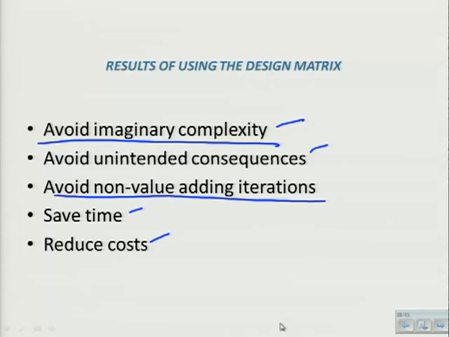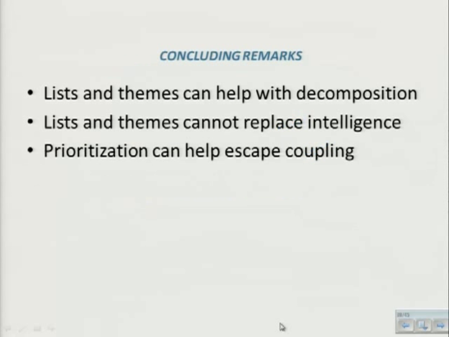And you can take a look at existing designs and do cost reduction by taking out the coupling and avoiding the imaginary complexity. All right, some of the things from the previous lecture, lists and themes can help with the decomposition, but they cannot replace intelligence. You need to think about how this applies.